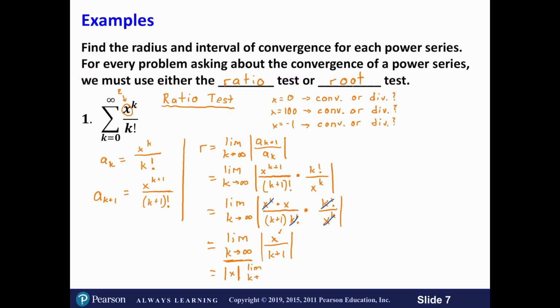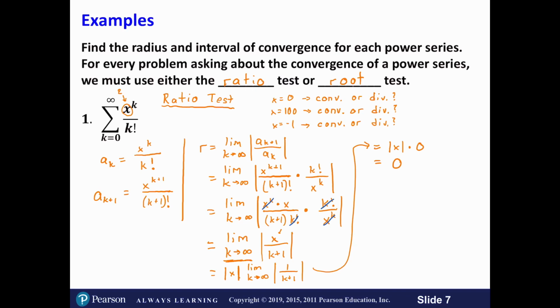So we have the limit as k approaches infinity of the absolute value of 1 over k plus 1. Now think about what the limit as k approaches infinity of 1 over k plus 1 is. Well, that's just 0. Right? And 0 times anything is 0.